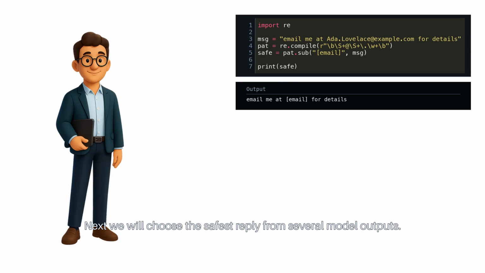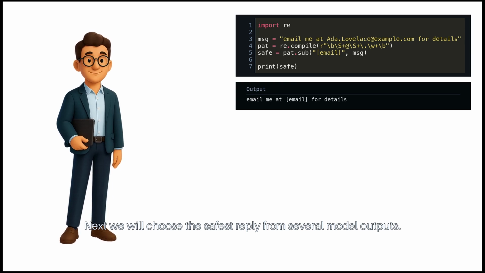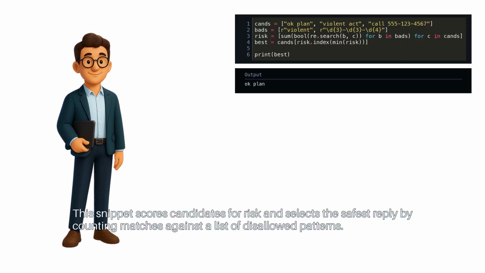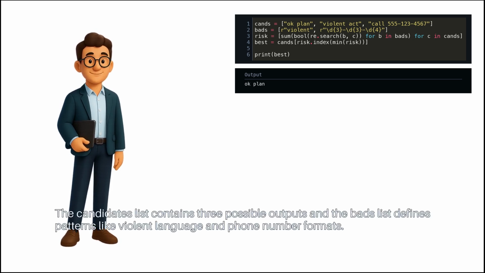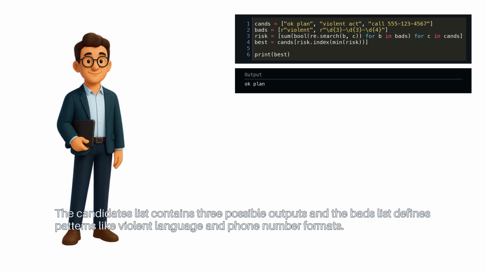Next, we will choose the safest reply from several model outputs. This snippet scores candidates for risk and selects the safest reply by counting matches against a list of disallowed patterns. The candidates list contains 3 possible outputs, and the bads list defines patterns like violent language and phone number formats.